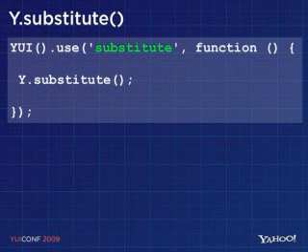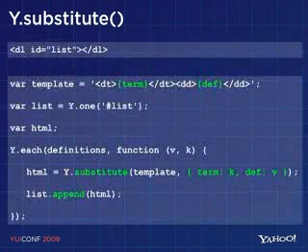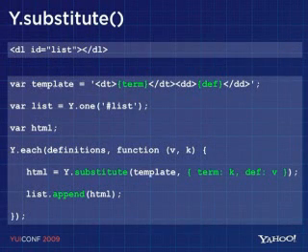And these methods actually work really nicely with a piece of string substitution sugar that we provide you with in YUI3 in the form of Y.substitute. And so substitute is something that we can use, for example, with append. Let's say we have this definition list and we have this object that contains a bunch of terms and definitions.